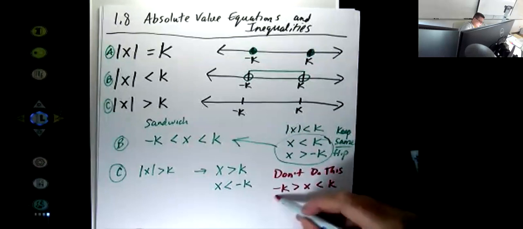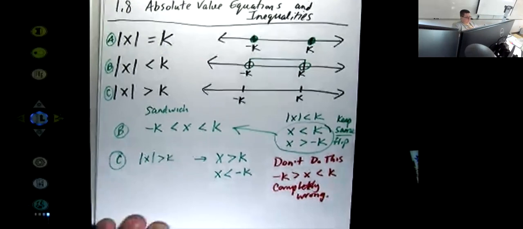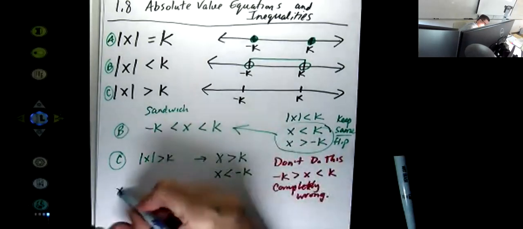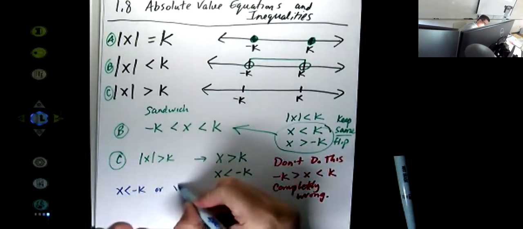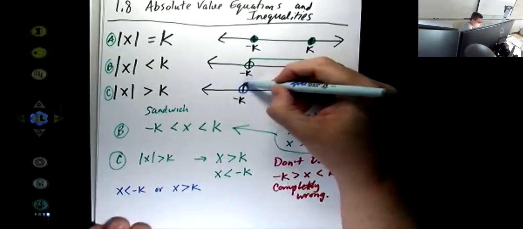This is completely wrong. And you're going to lose quite a few points for it on the test if you do it. They don't go together. You can't do that. So I can't make a sandwich out of them. This just ends up being an or situation. X is less than negative k, or x is greater than k. So we're going to have 2 regions here.